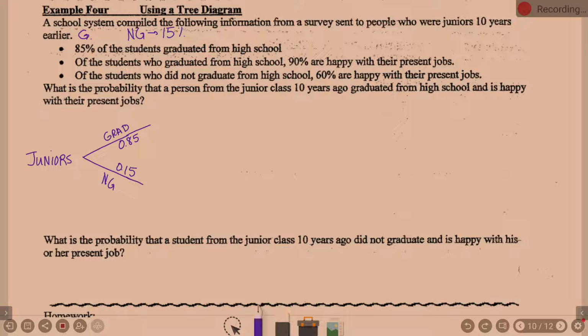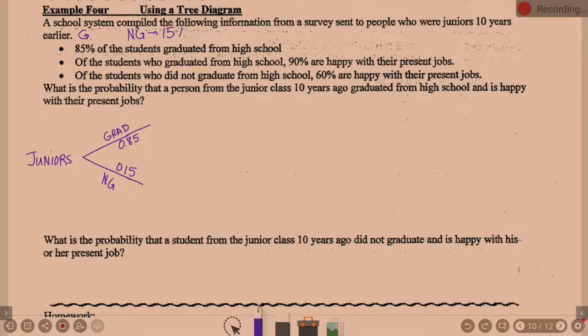Okay. Now, with that in mind, we're going to go another step farther. The junior from 10 years earlier either graduated or didn't graduate. What about those graduates? What are the options after that? Happy or not happy with their job. Right. They are either happy with their job or not happy with their job.